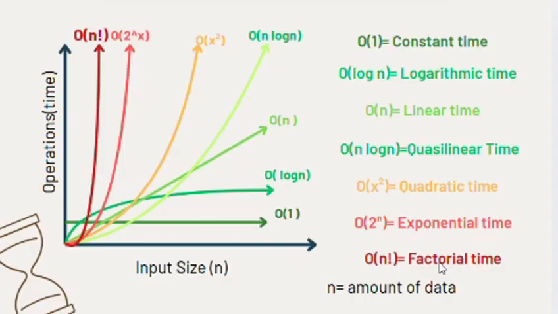It's very slow because it takes a lot of time and a lot of steps. And factorial time is when the running time of an algorithm grows factorially with the size of the input. This is often seen in algorithms that generate all permutations of a set of data. It's the worst, the slowest thing you can use, so it's mainly used for brute force permutations.